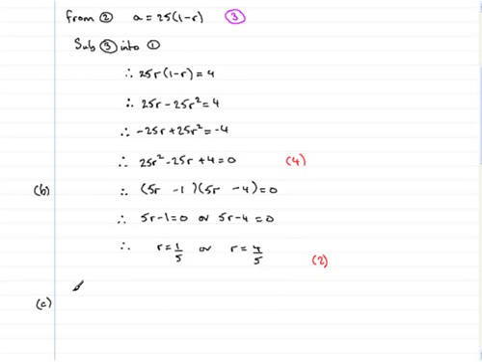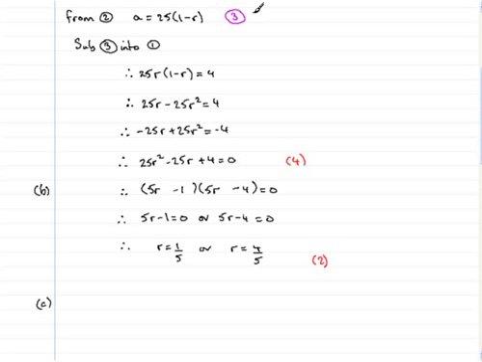Moving to part C then, we have to find the corresponding 2 possible values of A. If you'd like to give that a try, just pause the video, come back when you're ready. Okay, welcome back. Let's see how you got on. Well, for the 2 corresponding values of A, all we need to do is put R equals 1/5 and R equals 4/5 into equation number 3.